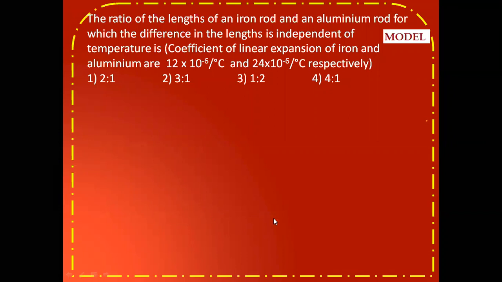Now see the question here. The ratio of the lengths of an iron rod and an aluminum rod, for which the difference in their lengths is independent of temperature.